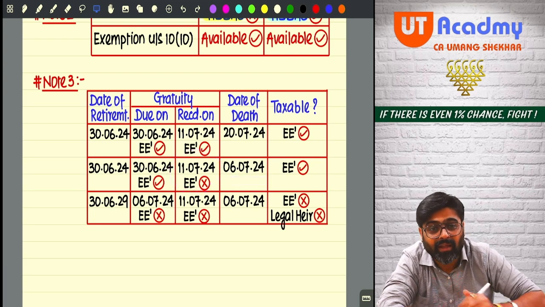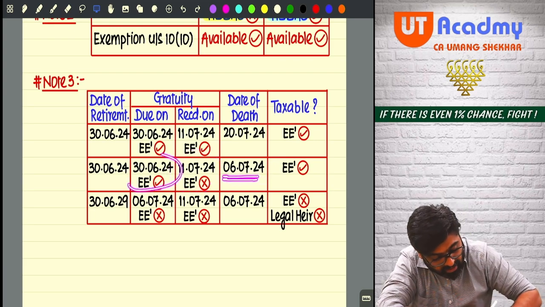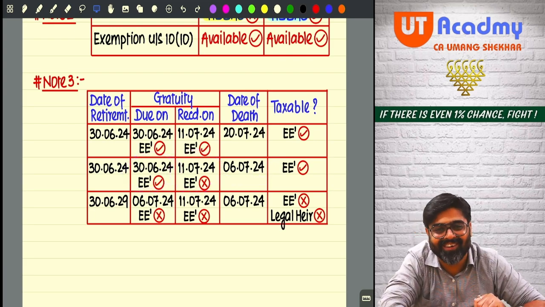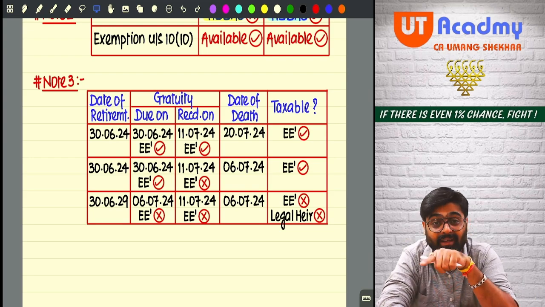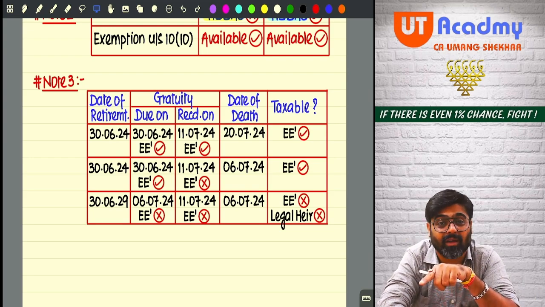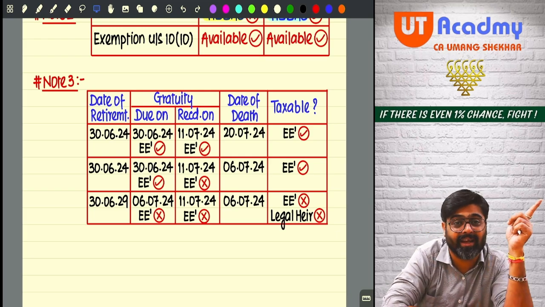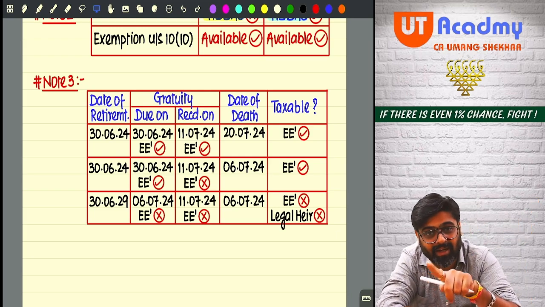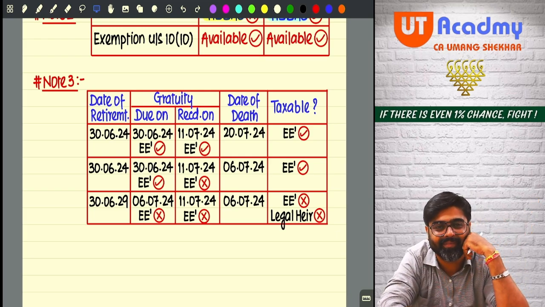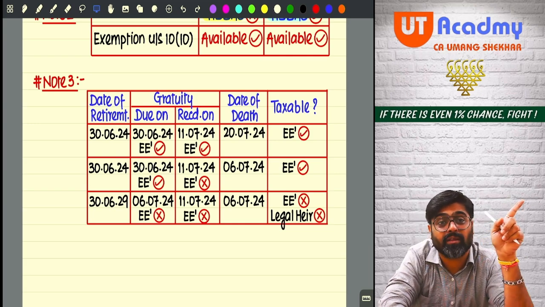But tell me, even before death, on his retirement only the gratuity became due, no? Because he retired first and then he died. 30th June he retired and 6th July he died. So this gratuity became due on retirement or on death? Retirement.